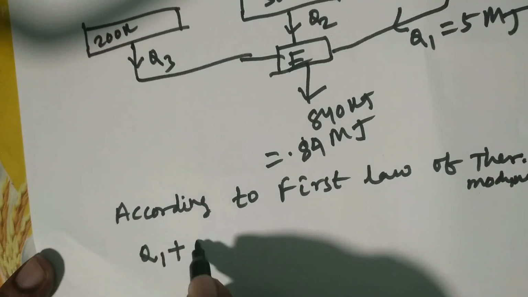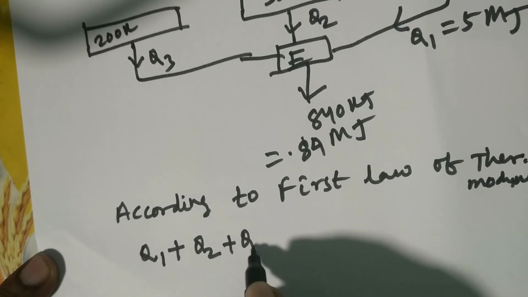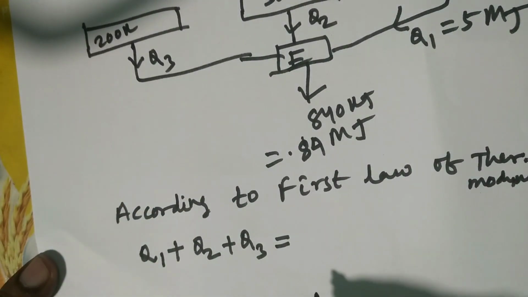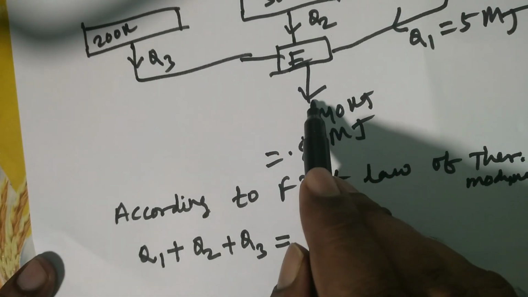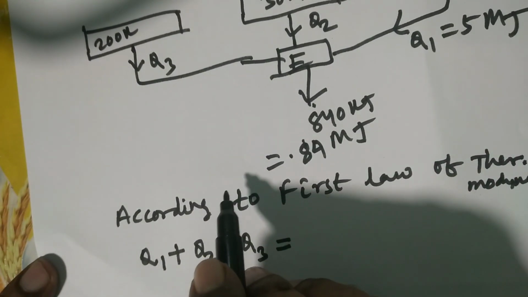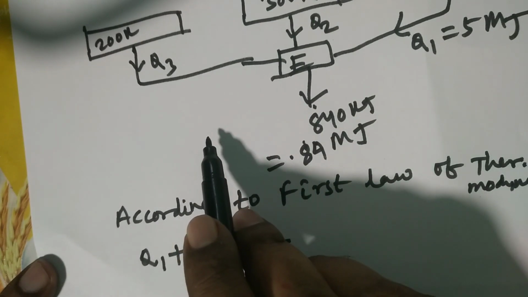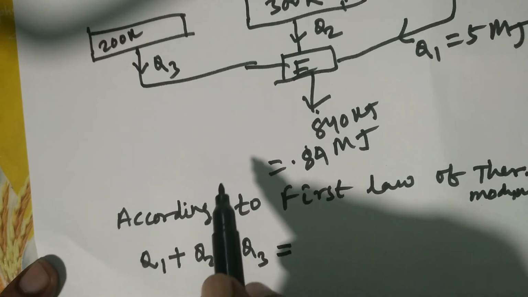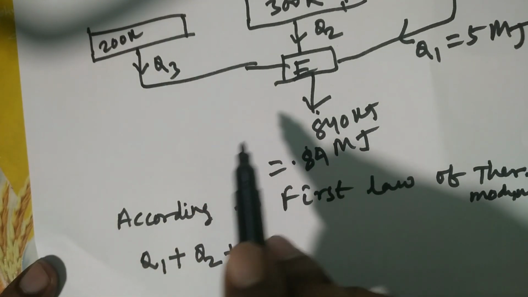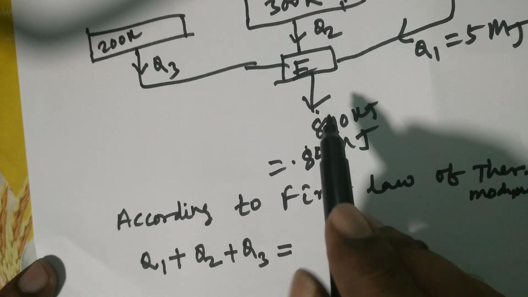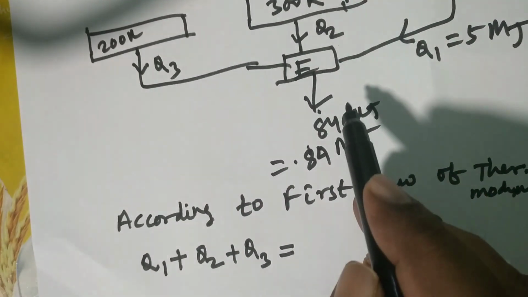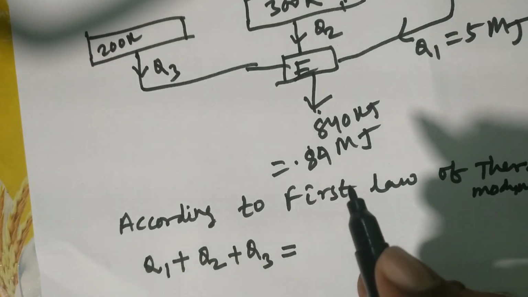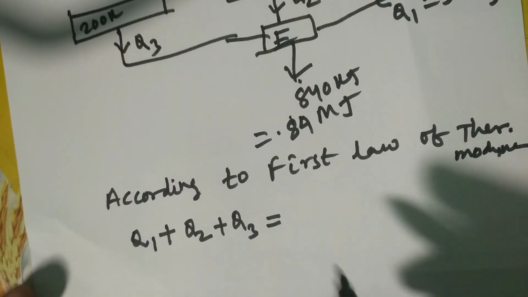So Q1 plus Q2 plus Q3 is the energy coming into the heat engine, and W is the energy going out of the heat engine. For a cyclic process, the summation of E in is equal to the summation of E out. Energy can neither be created nor destroyed, so whatever energy is coming into the system during a cyclic process must go out, so that there is no accumulation of energy within the system.